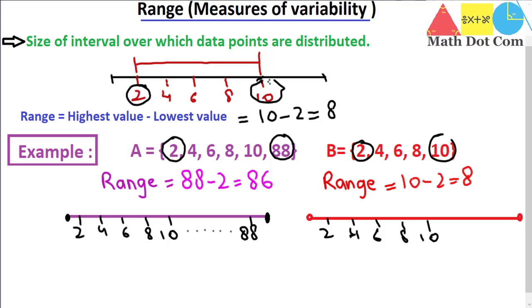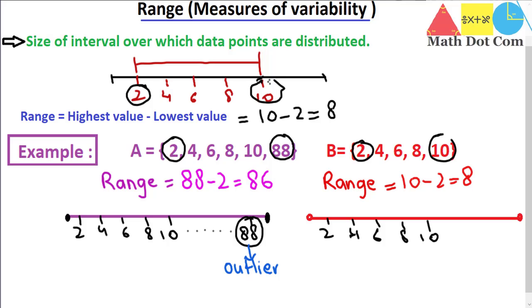How? There is a value 88 and this value is known as an outlier. Some people pronounce it differently. So this is an outlier. What is an outlier? An outlier is basically a single extreme value or score that differs from the rest of the scores.